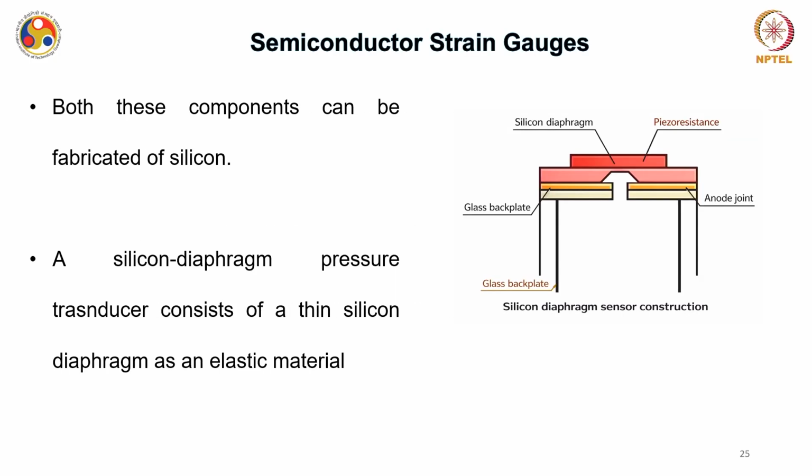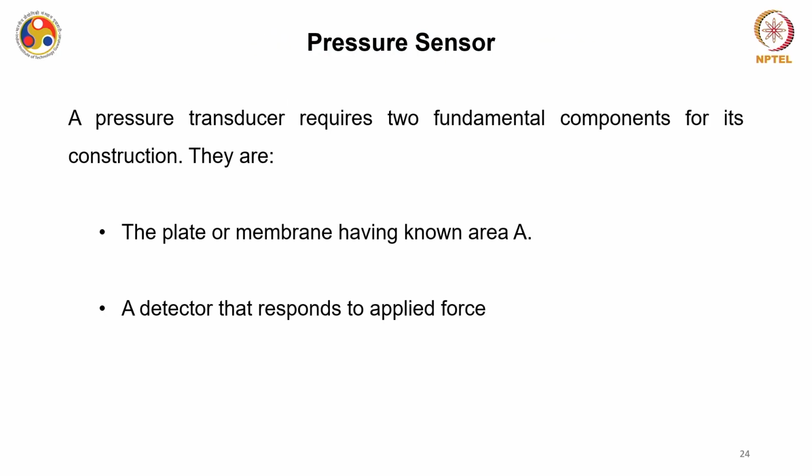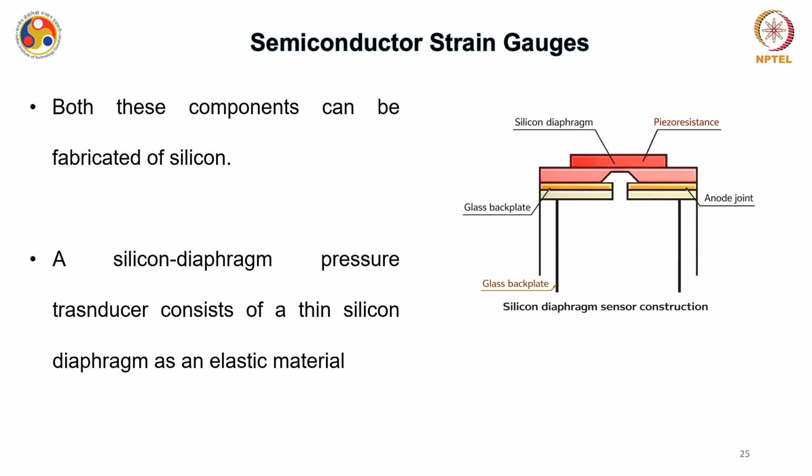Now the advantage is that both components, the diaphragm or the plate or the membrane, whatever you want to call it, and the detector, can be fabricated using popular semiconducting materials like silicon. So a silicon diaphragm pressure transducer consists of a thin silicon diaphragm as an elastic material, and at the same time a piezoresistance made up of doped silicon is also used.